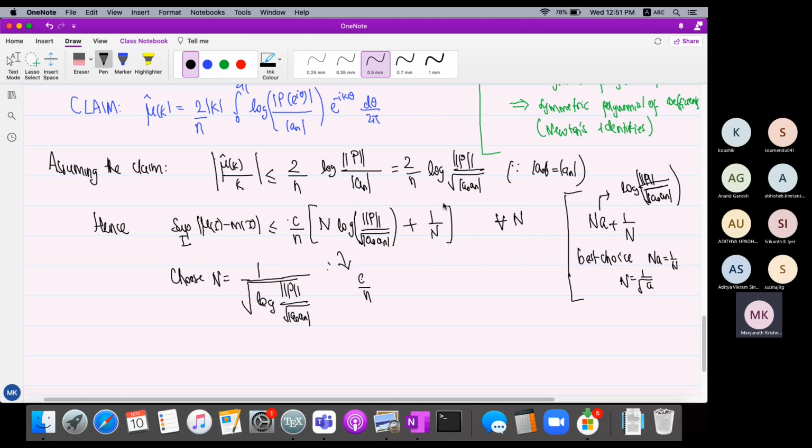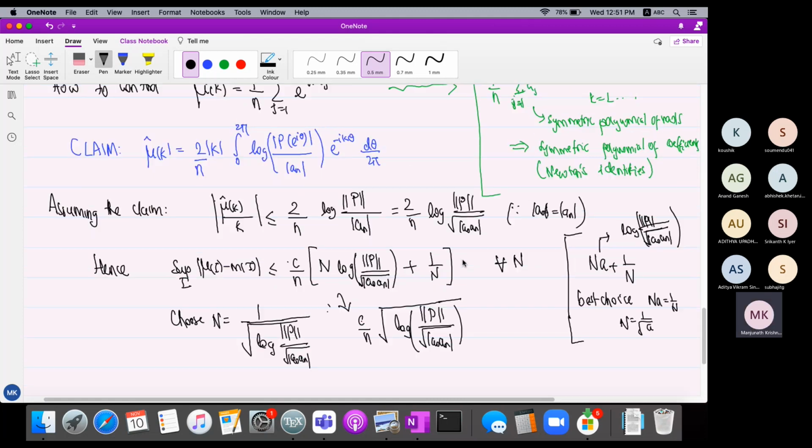You see that 1 over n, both sides are equal. So 1 over n is 1 by square root, sorry, something is fishy. 1 by n, right? So, okay, 1 by n will give me the square root of this, which is the bound that I wanted.